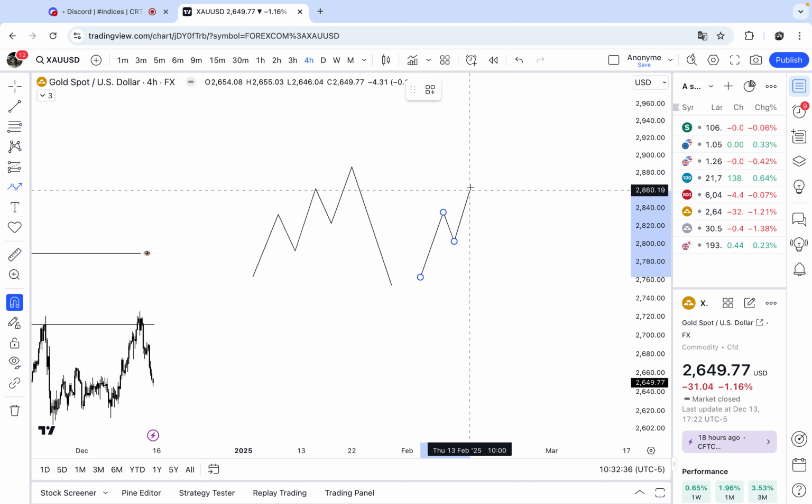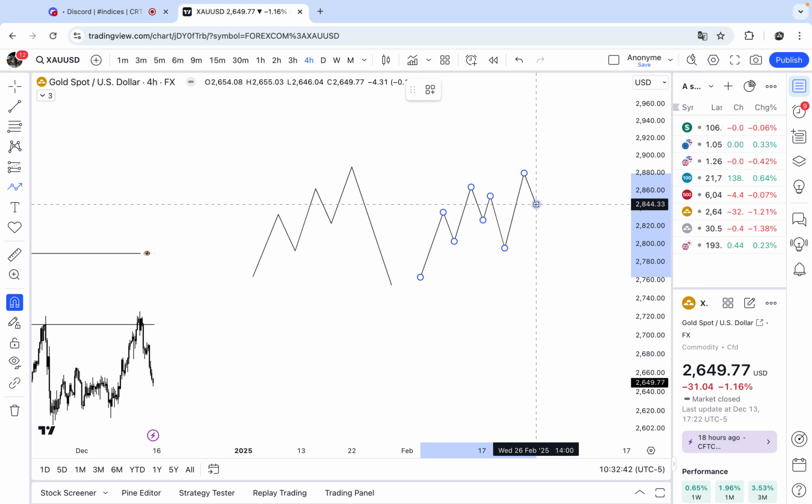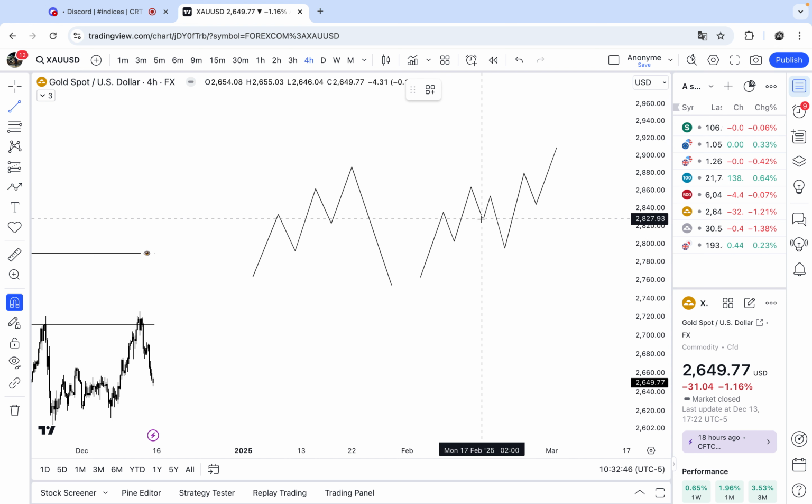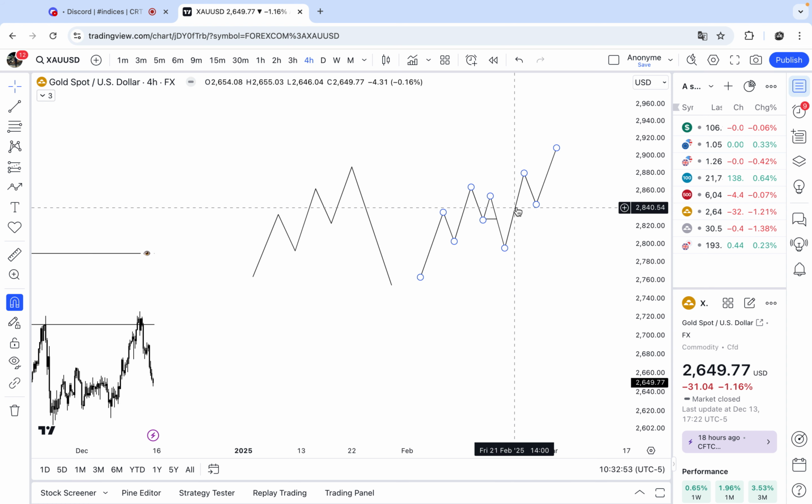Sometimes the market's doing like this, and people think that this is the market structure shift. And now they're looking for sells around here, right? So you got a low and an order block right here. So guys are looking for sells here because they think there's a market structure shift, and then boom, they got wrecked.